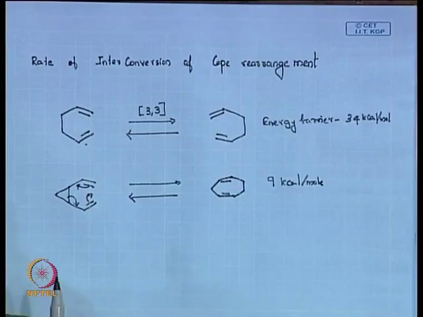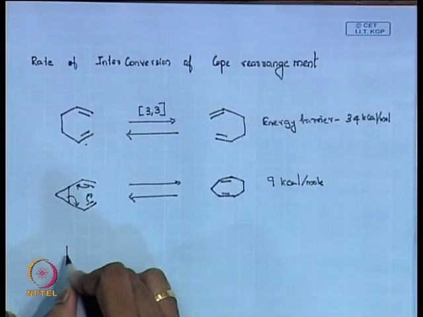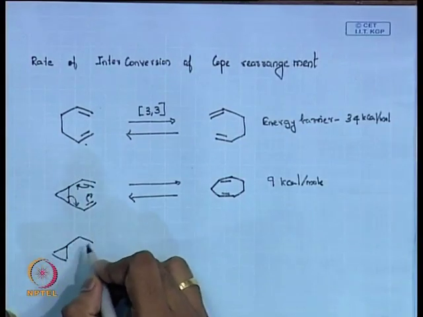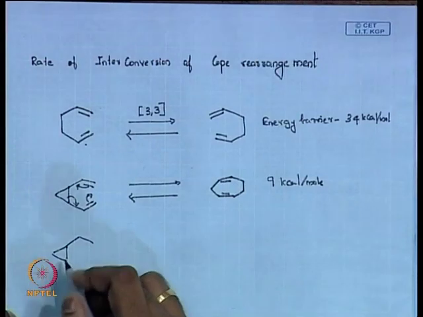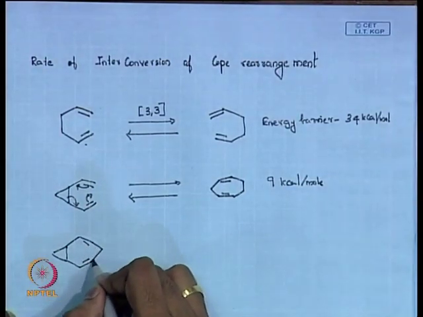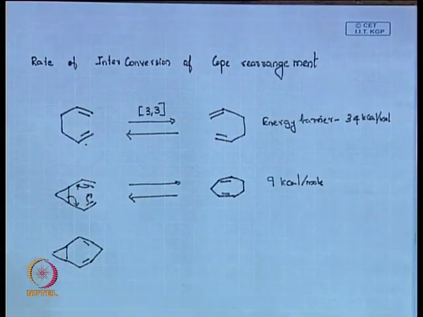Still want to make it faster. What is that big Cope you have studied which goes very fast? You have studied that? Yeah, I will make the other side also strained, by taking a big molecule like this. What is the name of this compound?